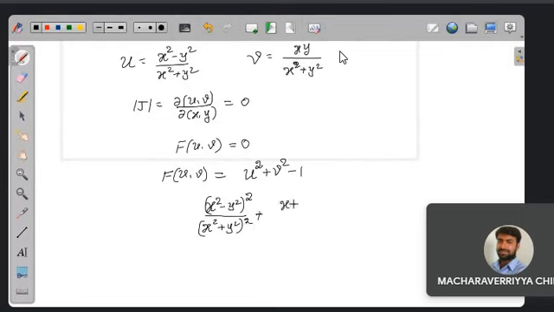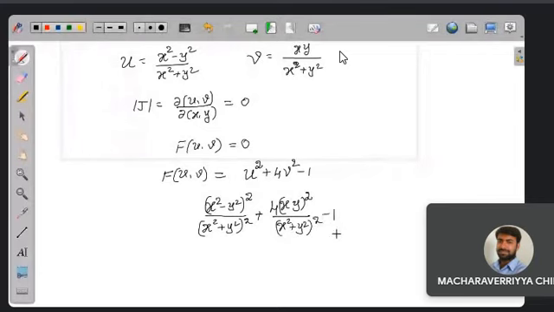Just taking xy whole square may not help me, so let me multiply with 4 also. So here it is 4v square minus 1, and this is 4 into x square y square divided by x square plus y square whole square, minus 1.